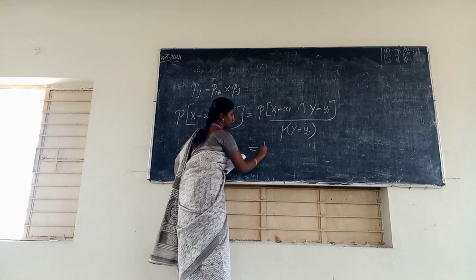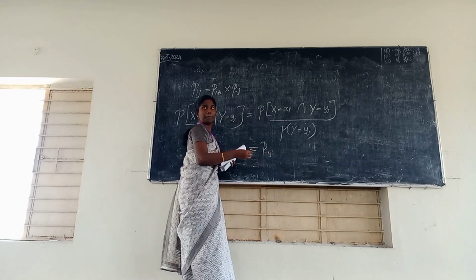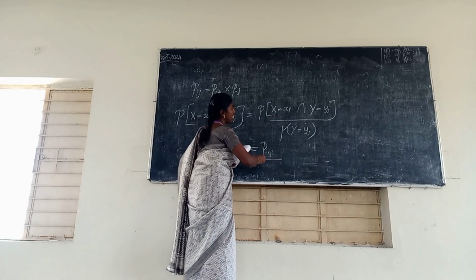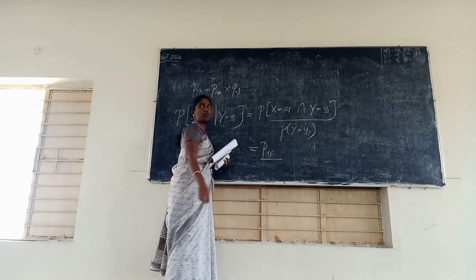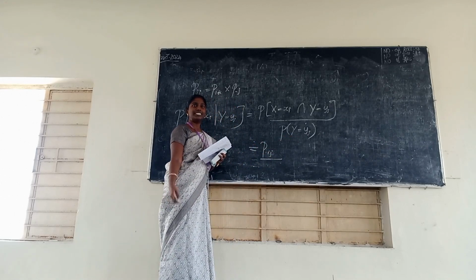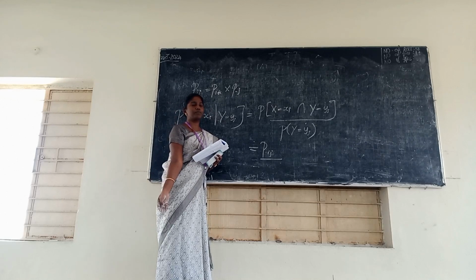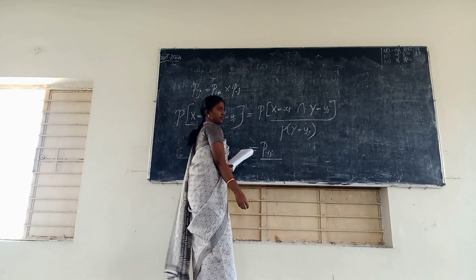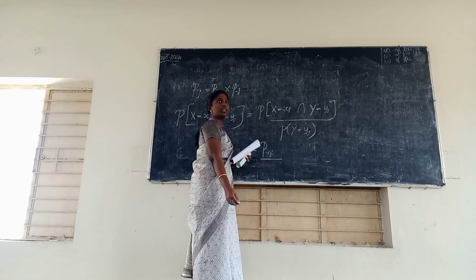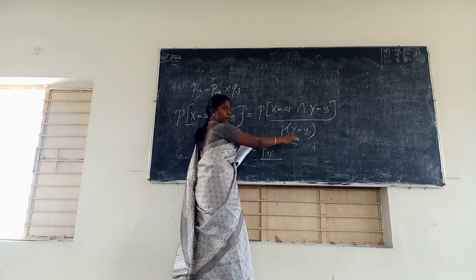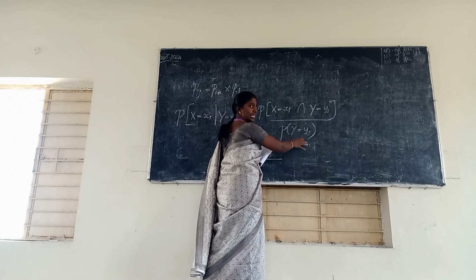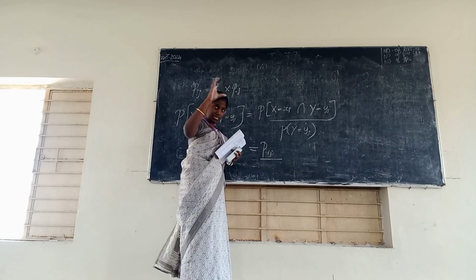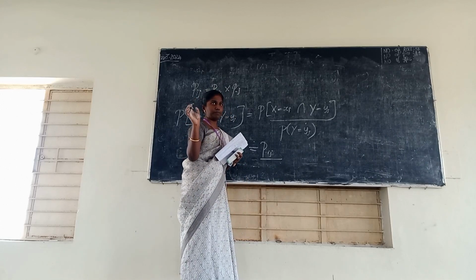Then equal to. So this is a joint probability, right? How can we write it? Pij. Joint probability we can represent as Pij divided by the marginal probability of y. How can we represent it? Just see the table. The marginal probability of y is P dot j.